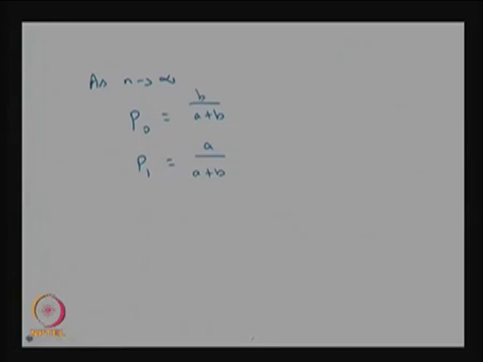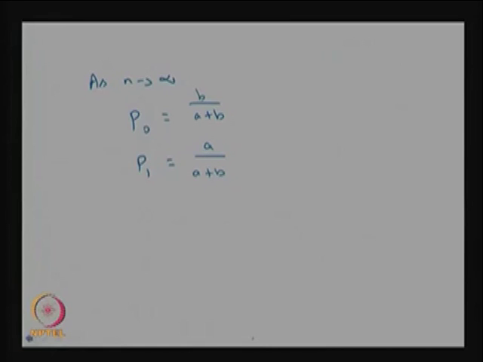Whenever the system keeps moving into the state 0 or 1 with the probabilities a, b, and with the self loops 1 minus a and 1 minus b, in the subsequent stages the system will be in any one of these two states. So, with the proportion of b divided by a plus b, the system will be in the state 0.